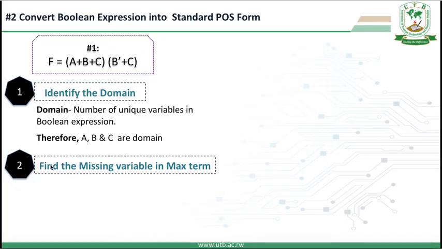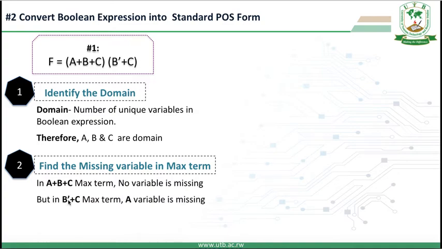So next step, find the missing variable in the max terms. How to find it? You can see in the A plus B plus C max term, no variable is missing, because all variables are available. But in the B complement plus C max term, A is missing. So now let us go to the next.